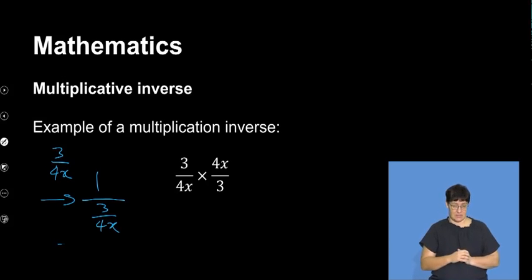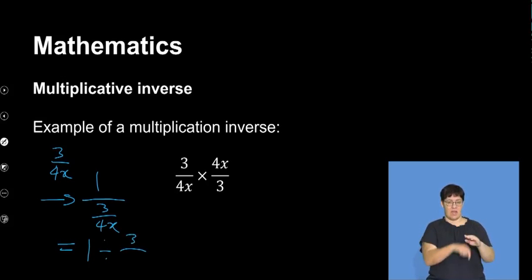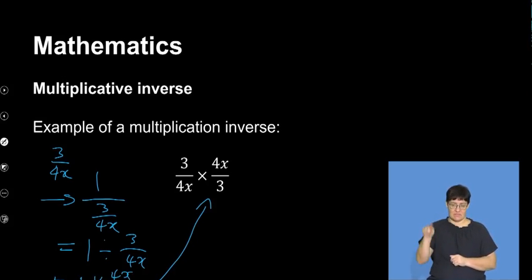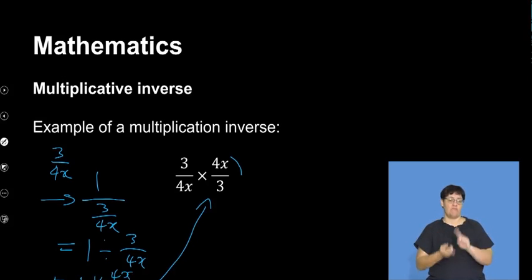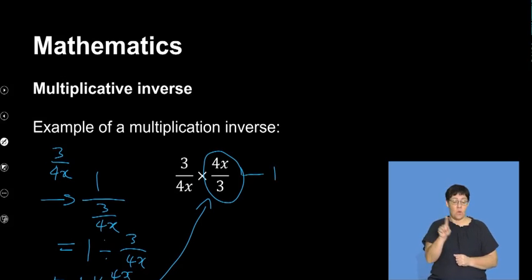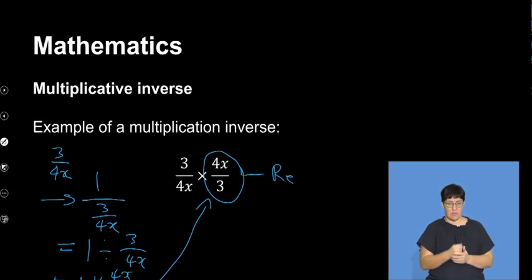And then you know this is the same as 1 divided by 3 over 4x, which is the same as 1 multiplied by 4x over 3. That's where the 4x over 3 comes from. So we call this the reciprocal. So it's either a reciprocal or a multiplicative inverse. They both mean one thing.